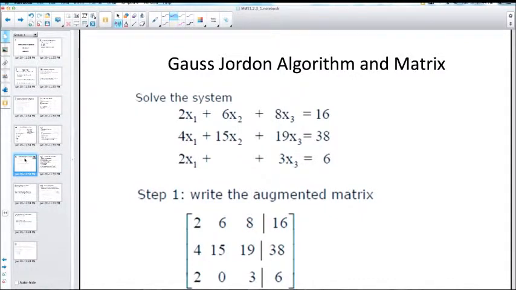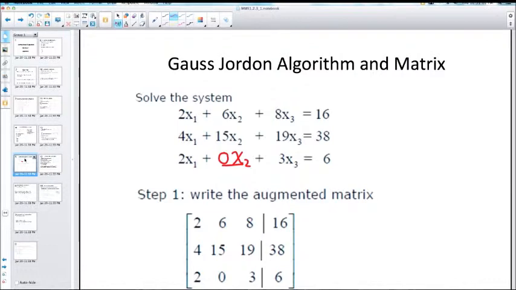You arrange all the constants on the right-hand side, the first variable in the first column, the second variable in the second column, the third in the third column. But you see you missed one element in the third equation. What you do is you fill in a 0 times x2.